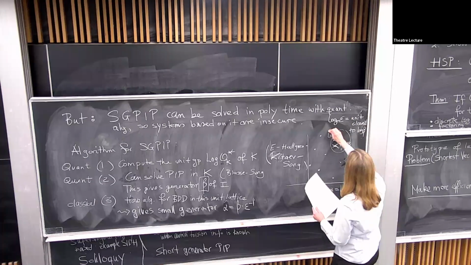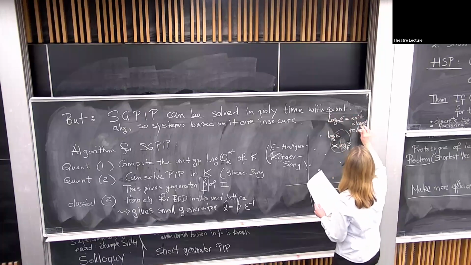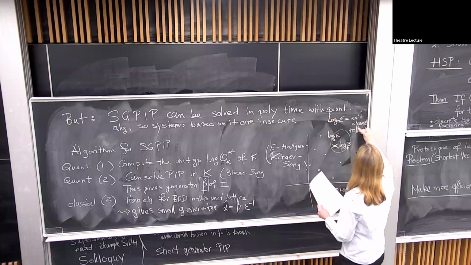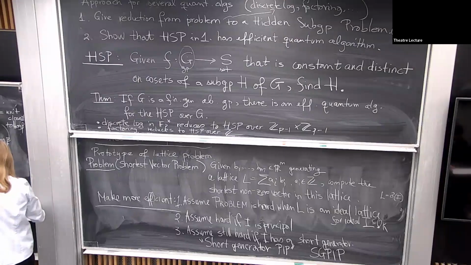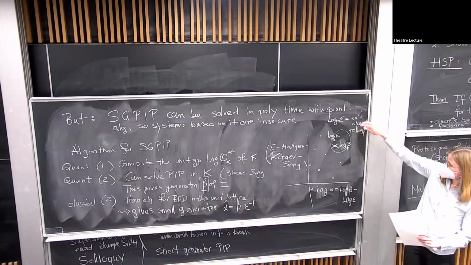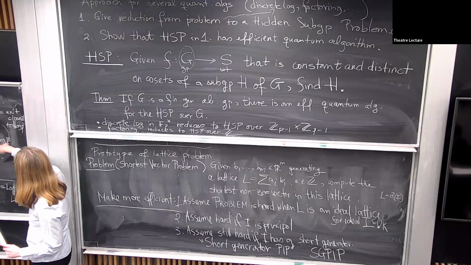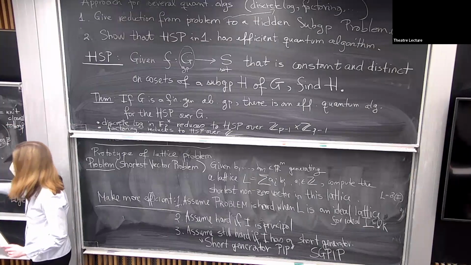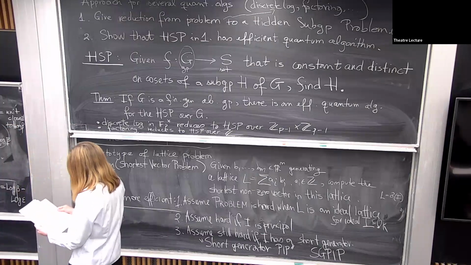Let me just make it consistent here that everything is uppercase. So I'm just writing capital Log because it's still this tuple. So in this picture, I can move Log beta, I subtract Log epsilon from it, and then I get something much smaller. And that finds the short generator and breaks the system.